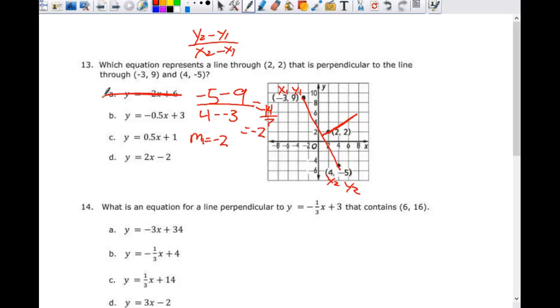Well, let's figure out what the slope has to be. We know in order for it to be perpendicular, it has to be m1 times m2 equals what? Plug this in here. Negative 2 times, we don't know what m2 is, equals negative 1. Divide both sides by negative 2.